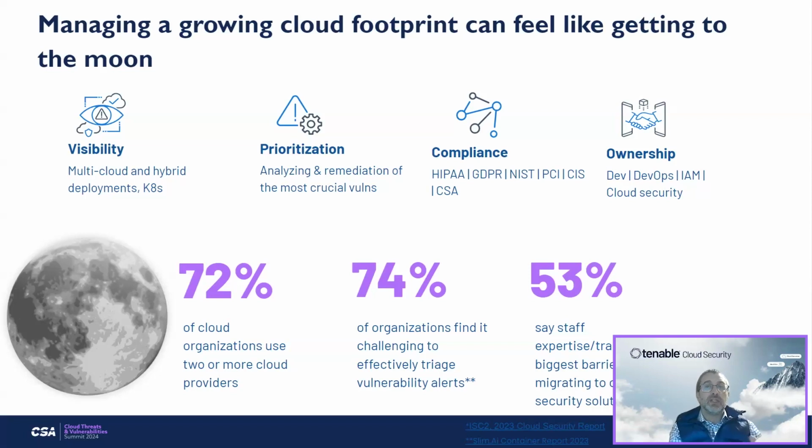Now, obviously, these are all security issues, but you also have compliance challenges. And when you're utilizing public cloud infrastructure, hybrid cloud environments, Kubernetes, understanding what compliance requirements really mean in those environments, and how you can ensure that you're compliant with standards like HIPAA, GDPR, NIST, CIS, or CSA is very important.